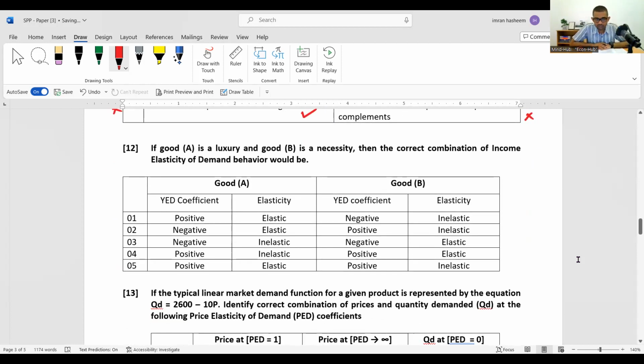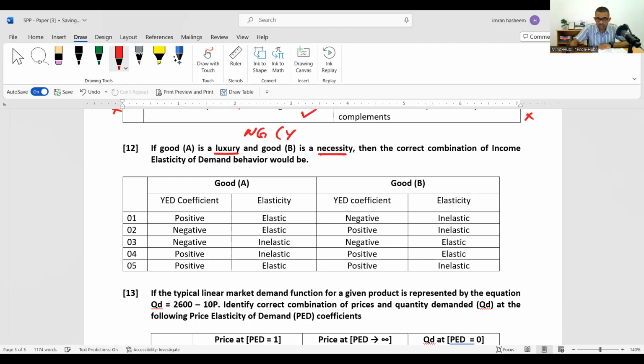Question 12. If good A is a luxury good, good A is luxury, right? What is a luxury good? It's a type of normal good. Good B is a necessity. What is necessity? Another type of normal good. Then the correct combination of income elasticity would be, so the coefficient is asked, positive, negative. Luxury goods and necessities are both normal goods.